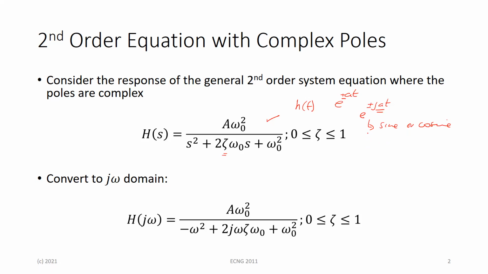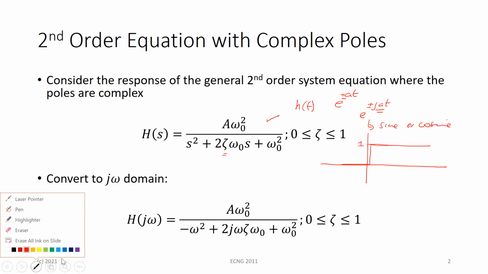And we saw the time responses for a normal second order system, the step response. If you put a unit step input into the system, normally all first order systems give you this kind of response.